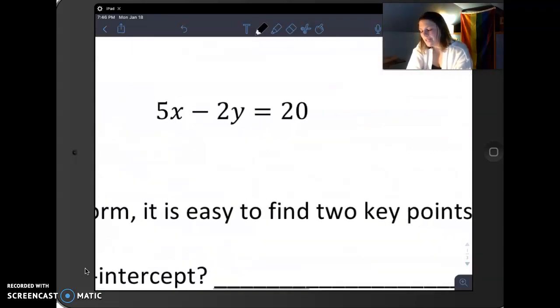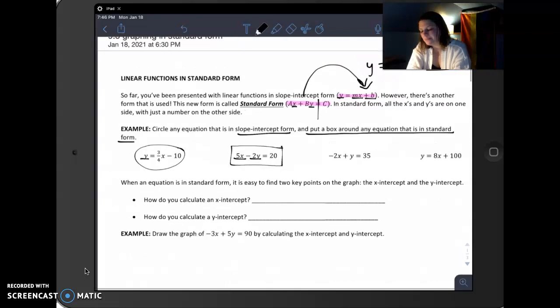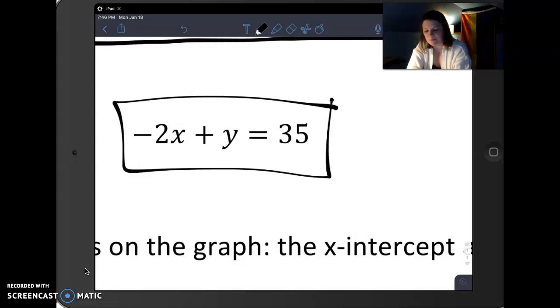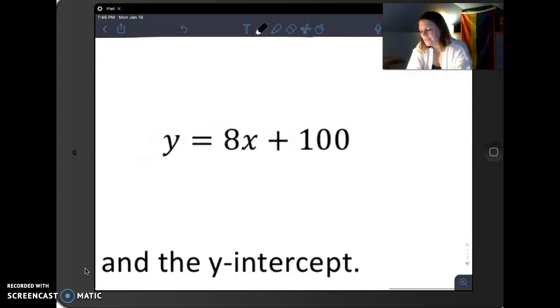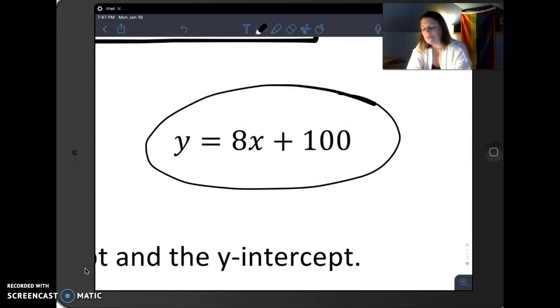This next one is in standard form because the x and the y are on the same side of the equal sign. You might be a little confused by this one because the y technically is naked, right? It doesn't have any numbers with it, but the x is on the same side of the equal sign. So again, this one is standard form. And last but not least, we have the y alone on one side of the equal sign, and mx plus b on the other. So this one is slope-intercept form, or y equals mx plus b.